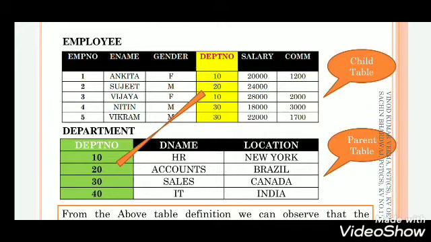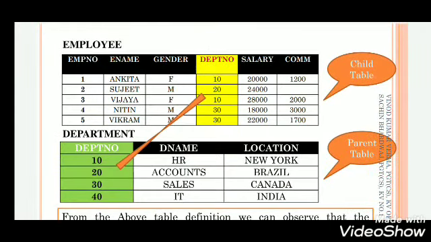So first thing we have established a relationship between these two tables, or you can say a link between these two tables, and debt NO column of employee table is taking reference from debt NO column of department table. That means here in employee table we can enter only those values which are available in debt NO column of department table. So this is known as referential integrity.